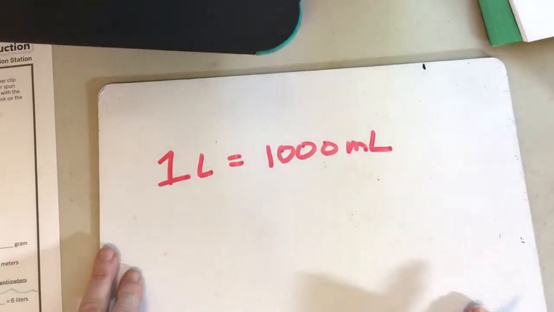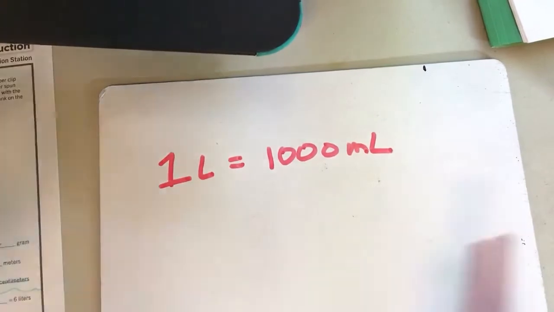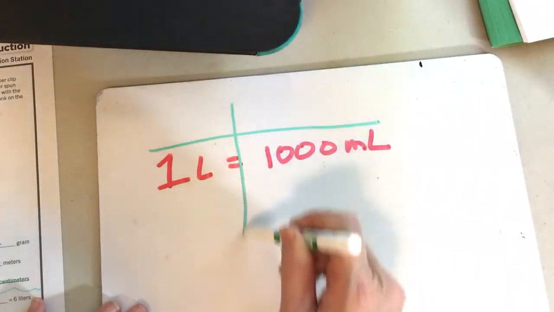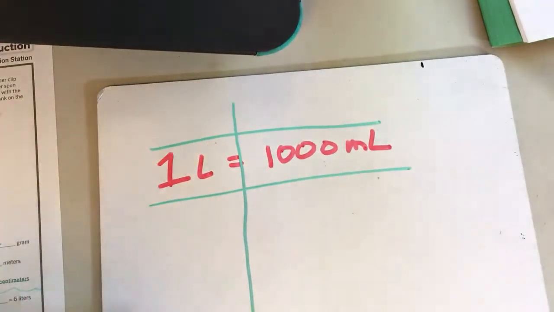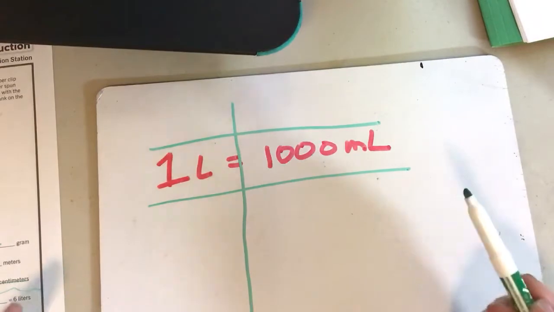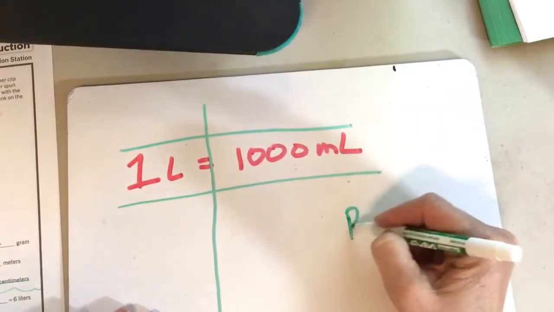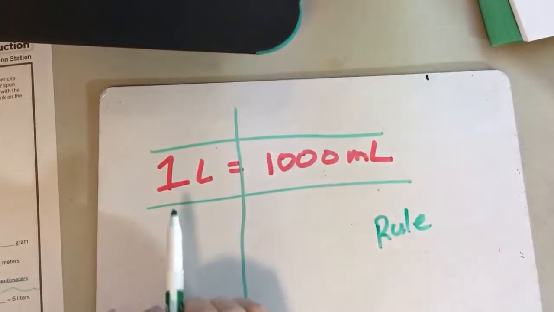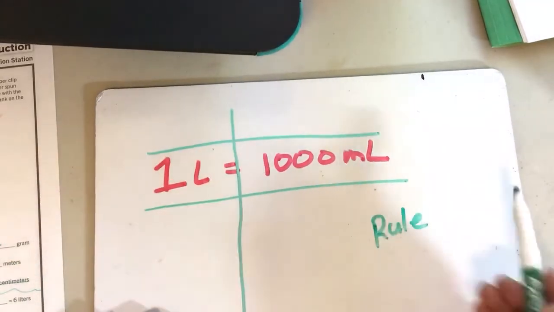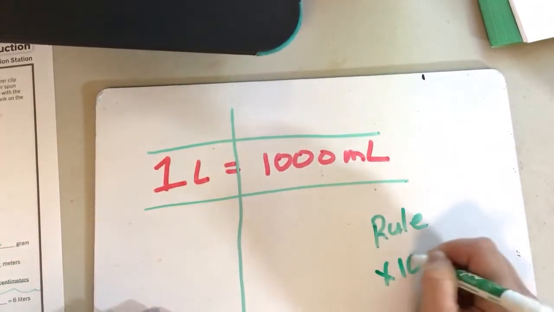So think of this as one of your input-output tables that we were doing before we left, okay? If you go from here to here, what rule did you follow to get from 1 liter to 1,000 milliliters? Well, the rule is times 1,000.